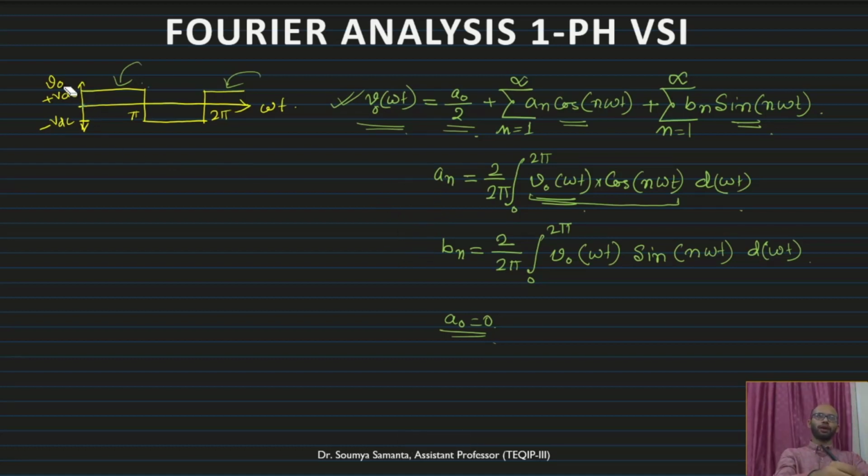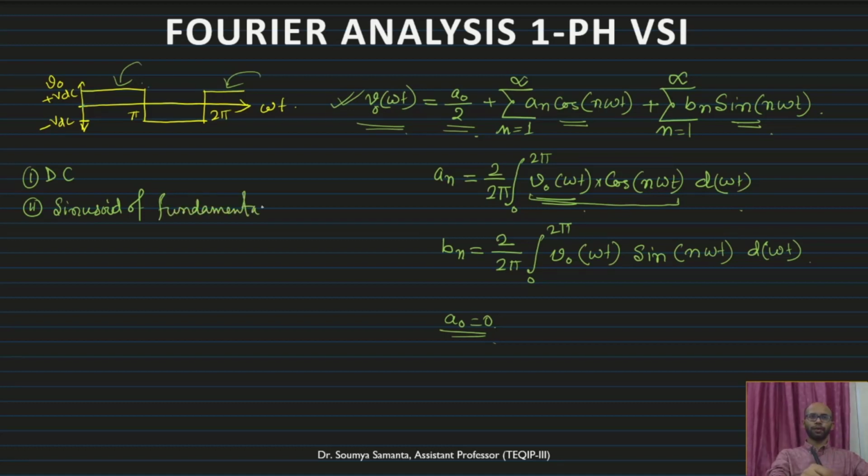Now if we consider this one, this waveform can be decomposed of, what are the components? Number 1, DC. Number 2, sinusoid of fundamental frequency.